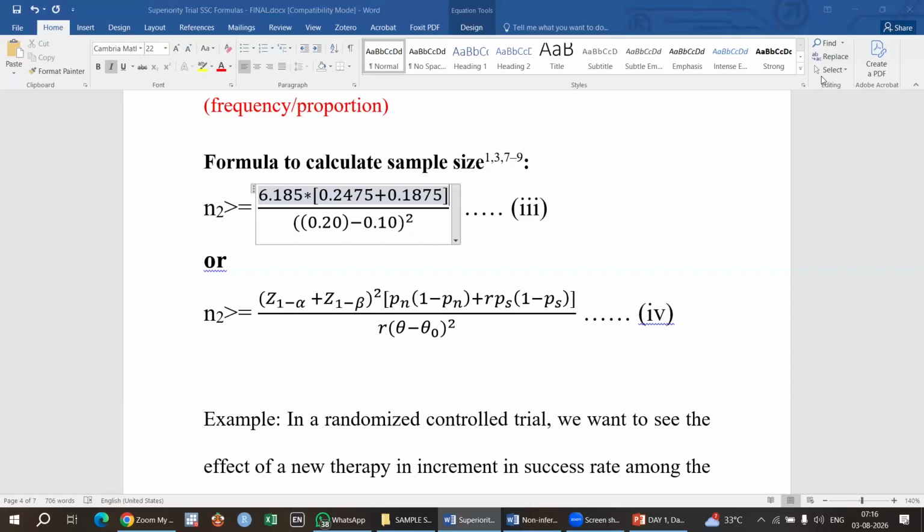The sum is 0.435. So I'm writing 0.435. Please multiply 6.185 by 0.435. Then give your answer here. 2.690. Okay.